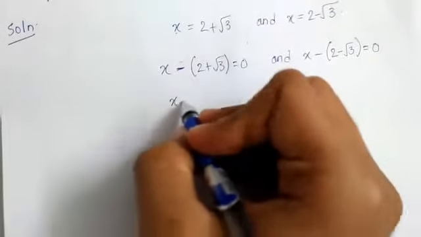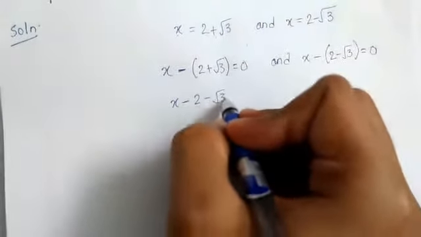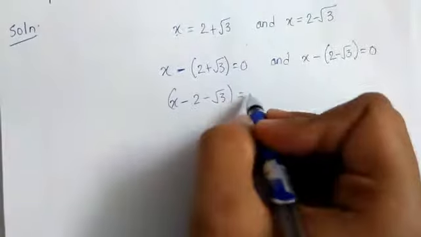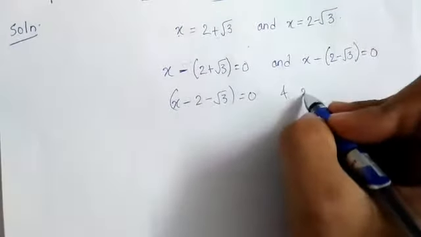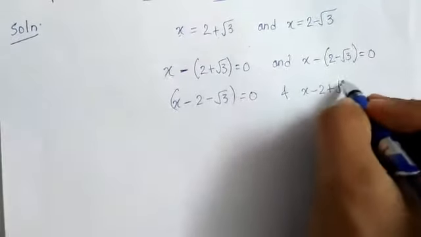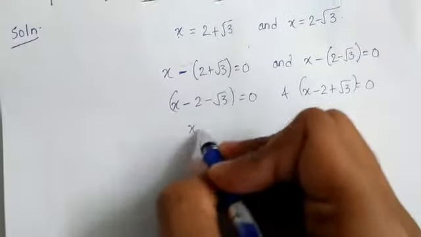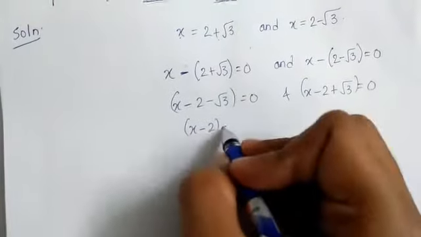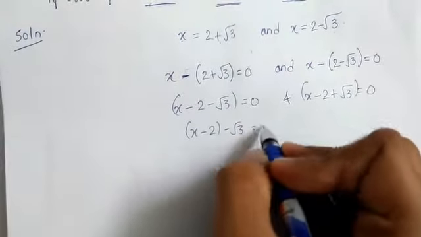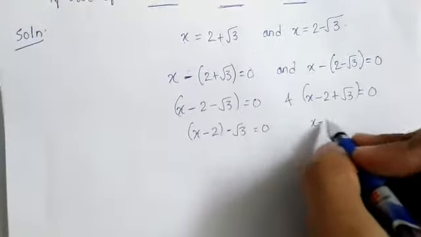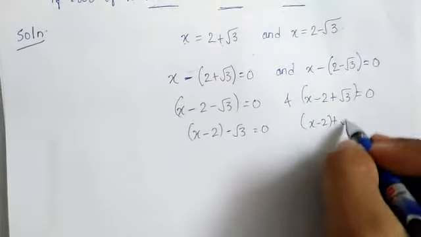Just simplifying it a bit, x minus 2 minus root 3 is equal to 0 and x minus 2 plus root 3 is equal to 0. So x minus 2 taken together, x minus 2 plus root 3.